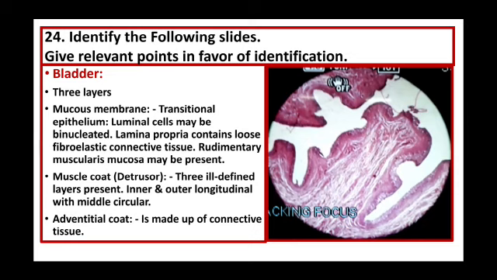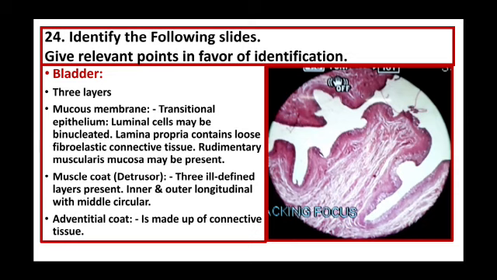The given slide is that of the urinary bladder. It contains three layers: the mucosa, the muscle layer, and the adventitia. The mucosa is lined by transitional epithelium. The cells may be binucleated.